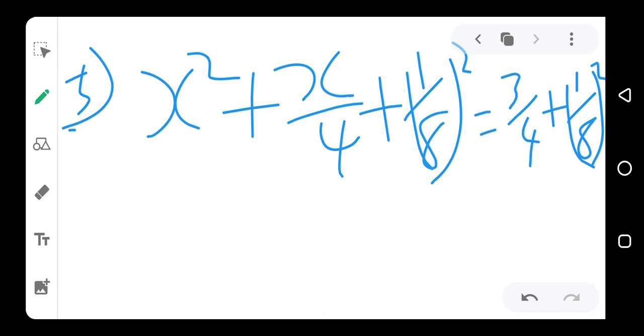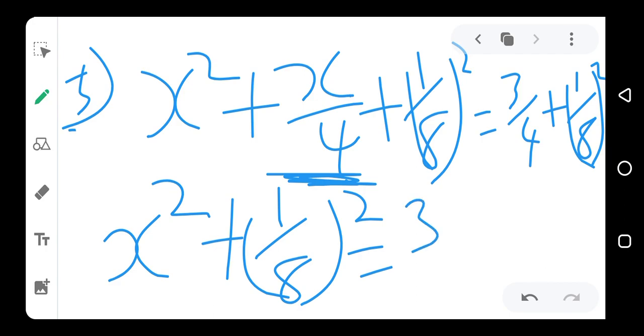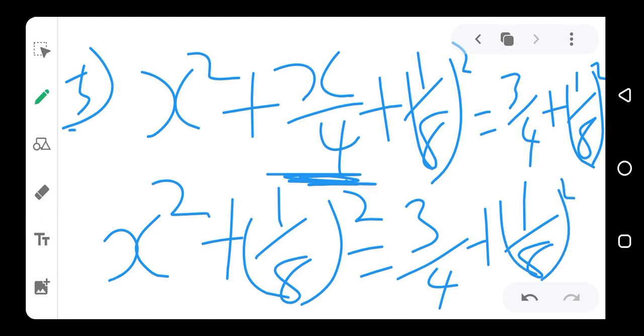Now, this original value that has x, we remove it, so that we are now going to have x squared plus 1 over 8 squared is equal to 3 over 4 plus 1 over 8 squared. That is step 5.